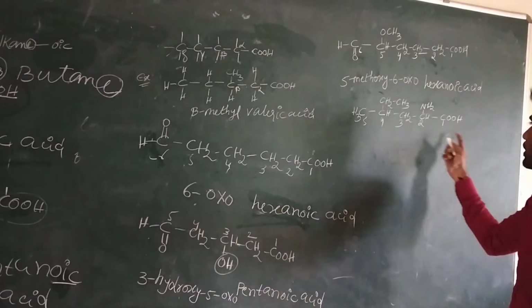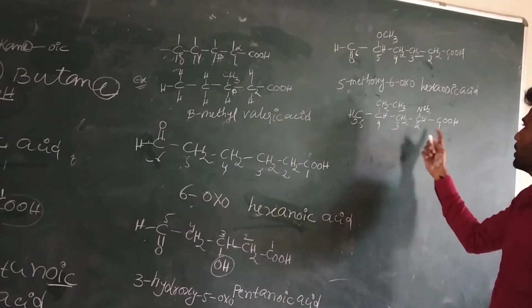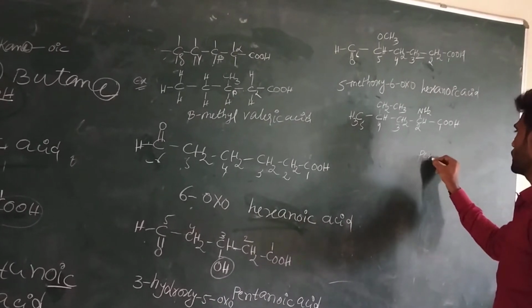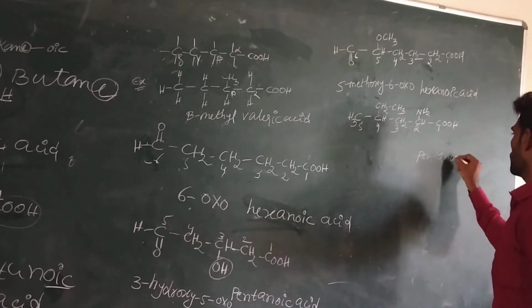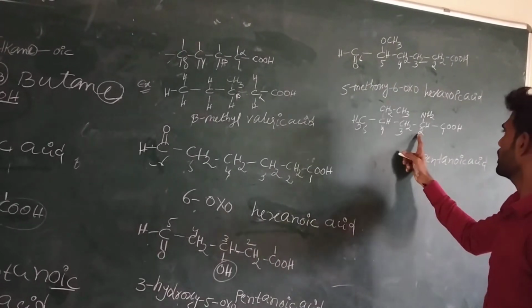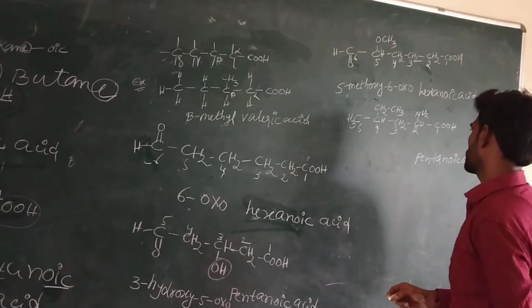So 5-membered carbon molecule. So that's why it is a pentanoic acid. But we have the substituent groups at the 2nd and 4th position.